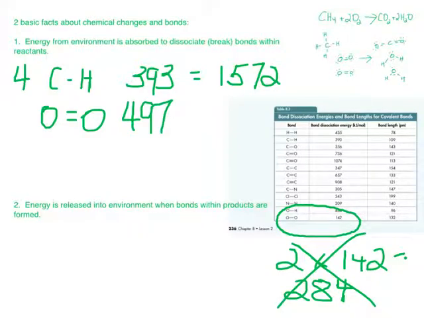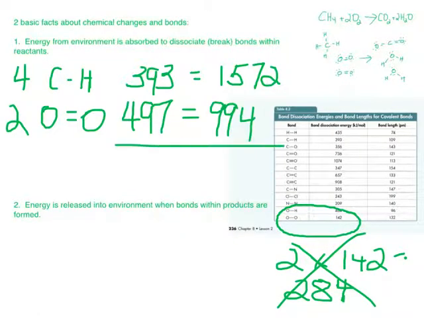Now, keep in mind, if you look over here at our balanced equation that's now represented with Lewis dots, there are 2 of these double bonds we have to deal with, 1 for each oxygen molecule. So that basically means that I have to take 2 times 497. That's telling me that there are 994 kilojoules needed to break down all the moles of oxygen molecules involved.